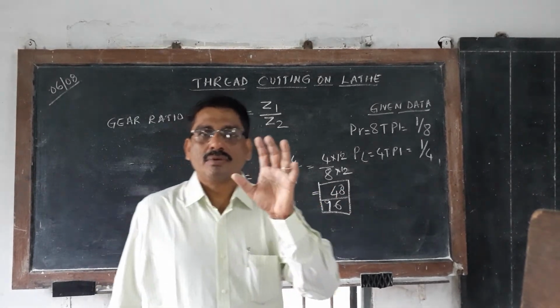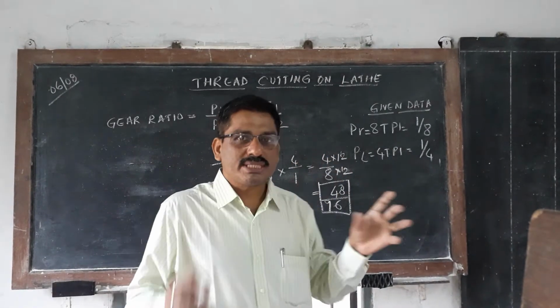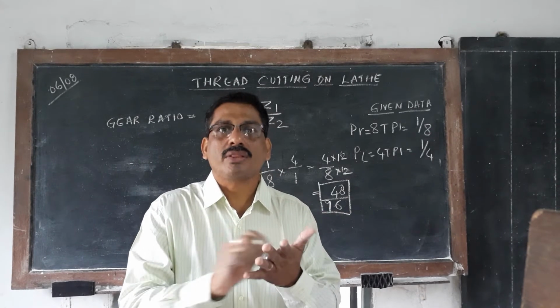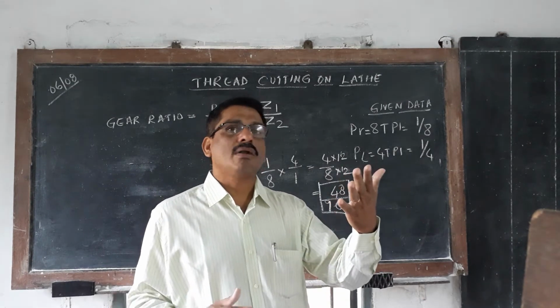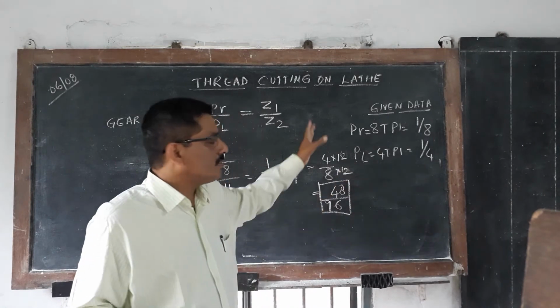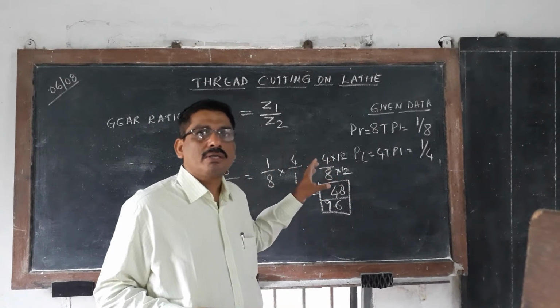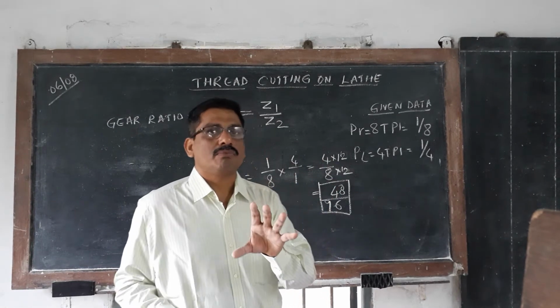So one thing, students, what you have to do when you see this video: you have to work yourself on the book. That is better. Otherwise, it is no use. If you just go on seeing the video, it is a waste. Whenever you see this video, you have to work it out yourself on the book.